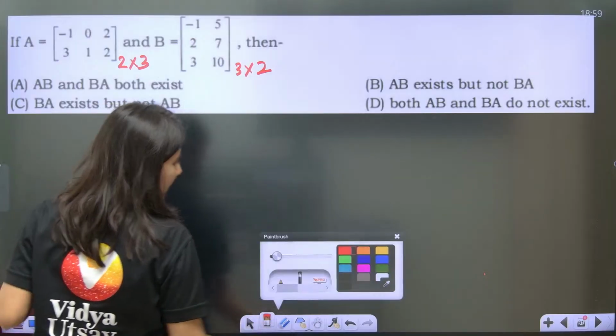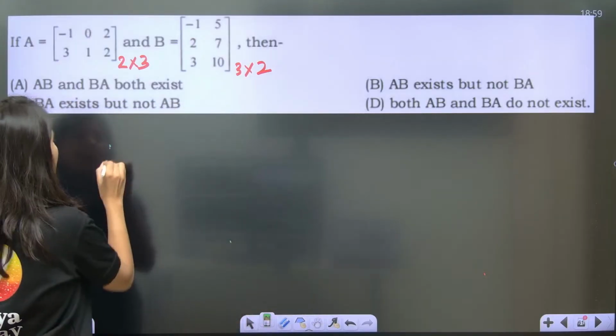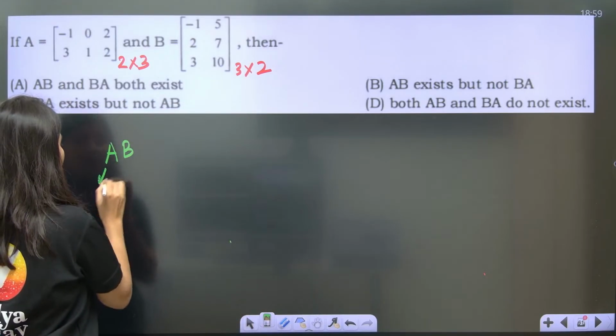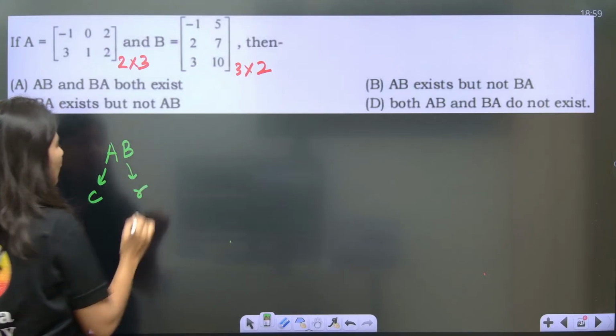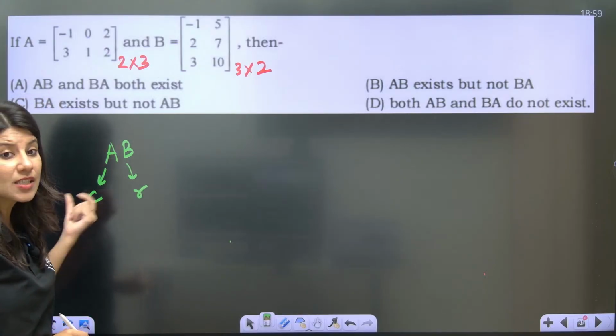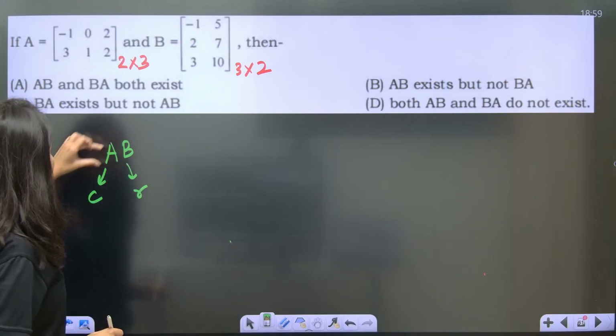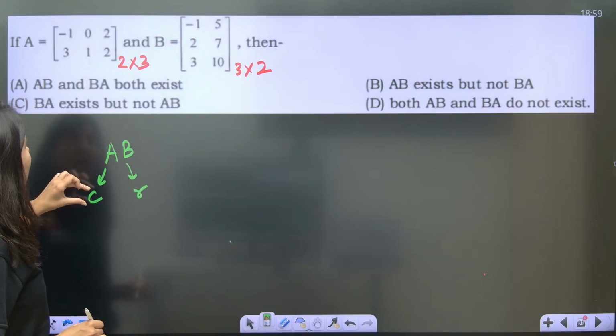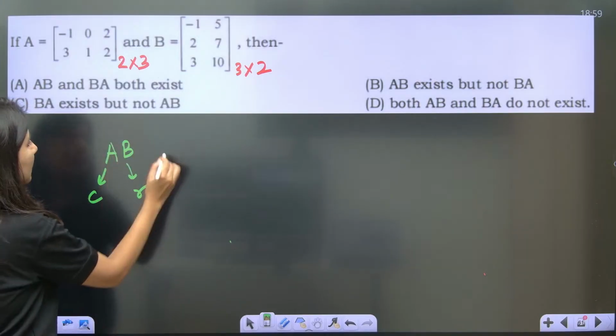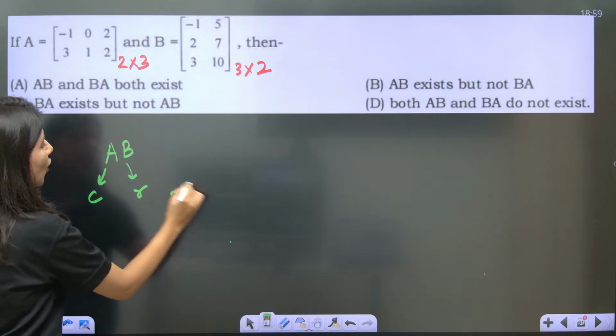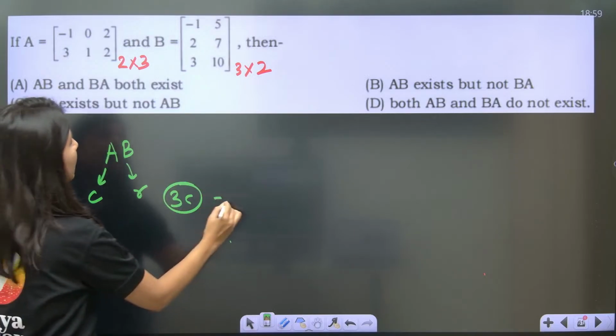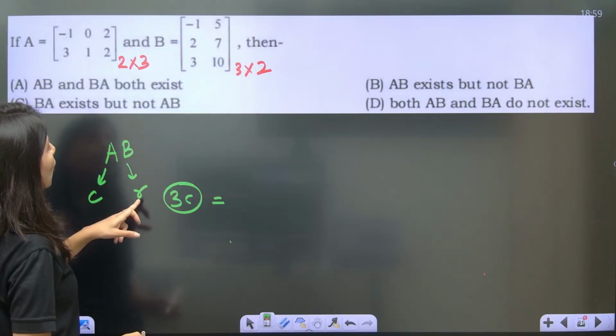First of all, if you want to multiply AB, the number of columns of the first matrix and the number of rows of the second matrix should be equal. What is the number of columns of the first matrix? 3. 3 columns of the first matrix should equal the number of rows of the second matrix.